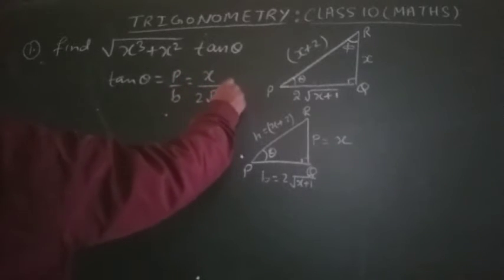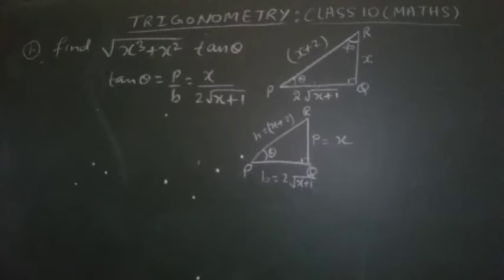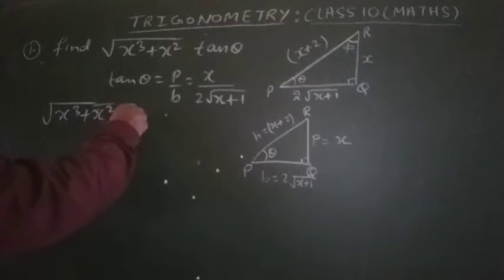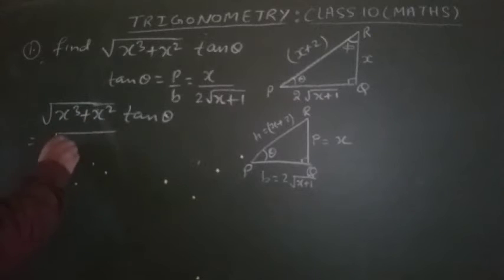Now what do I have to do? We have to put the value of tan theta and multiply with under root x cube plus x square. Here we can take common x square, x plus 1, tan theta.